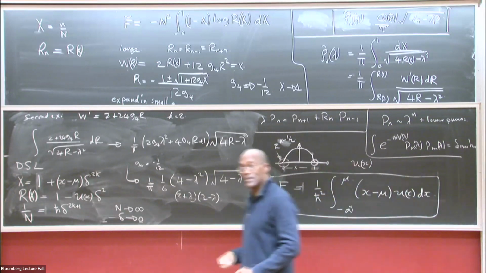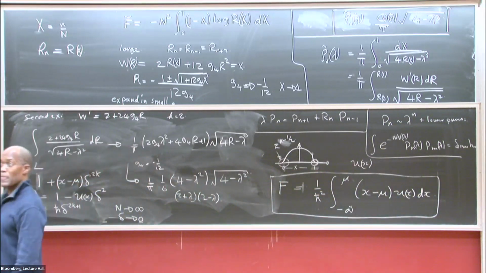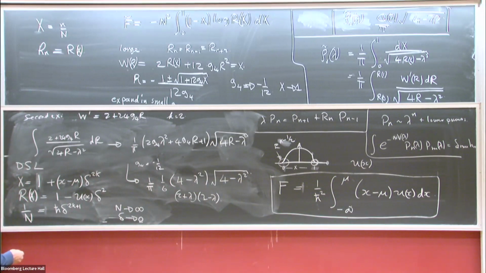Yes. Quick question. So when g4 is negative, then the original integral is not well defined because the potential is unbounded from below. I assume probably one needs to change the integration contour. It depends. Sometimes, as you scale into the neighborhood, it may or may not produce problems for you.